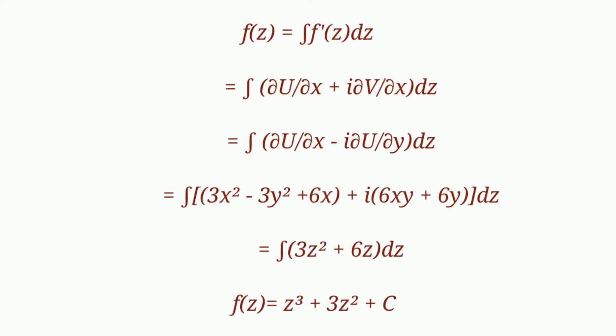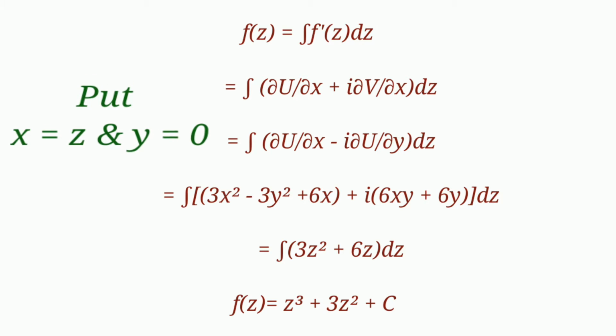Next replace ∂u/∂x and ∂u/∂y. We have the integral of 3x² minus 3y² plus 6x plus i into, here both negative signs become plus. That's why it is plus i into 6xy plus 6y into dz.